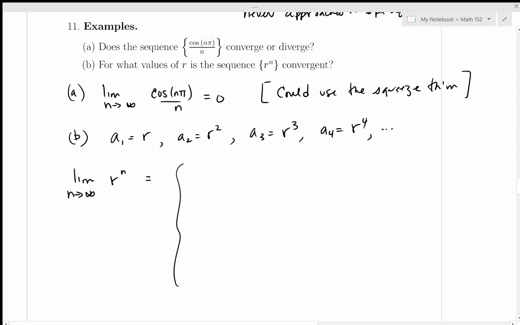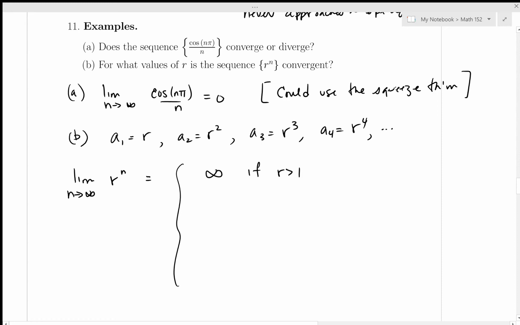Clearly, if R is bigger than 1, for example R is 5, you'd have 5 squared, 5 cubed, 5 to the 4. That's clearly getting larger and larger. So this diverges to infinity if R is greater than 1.